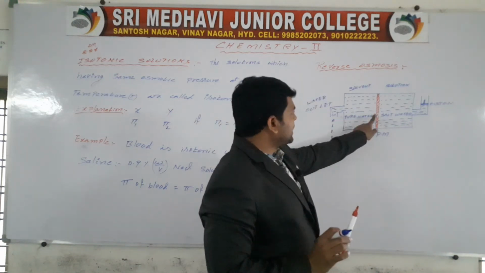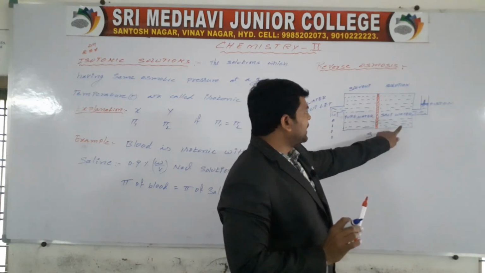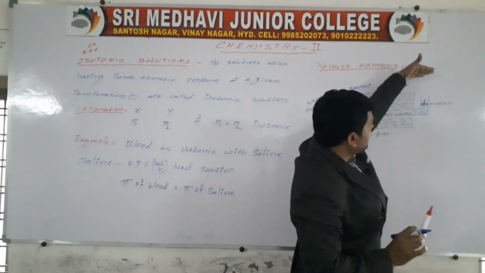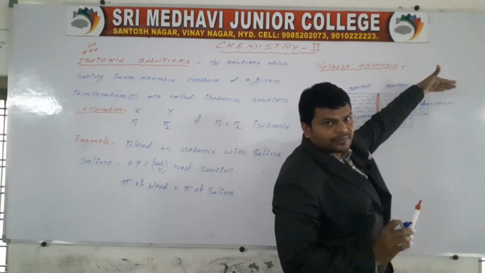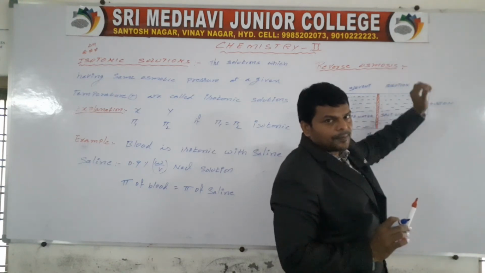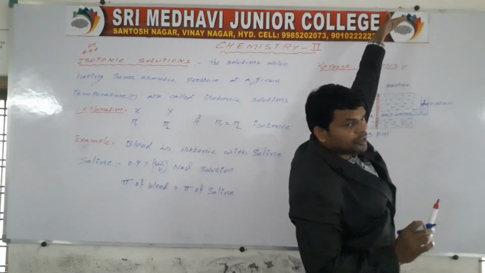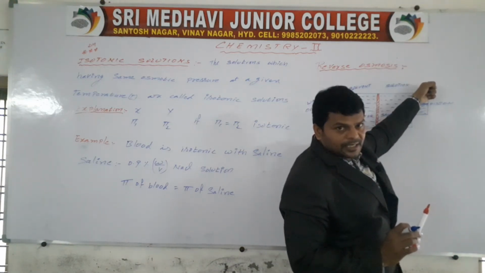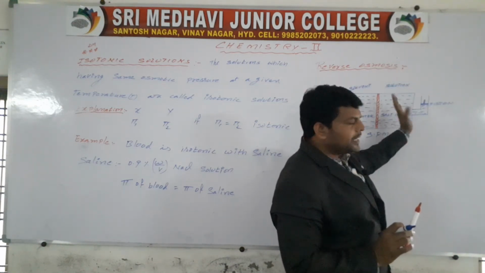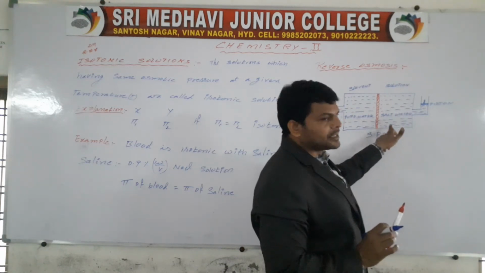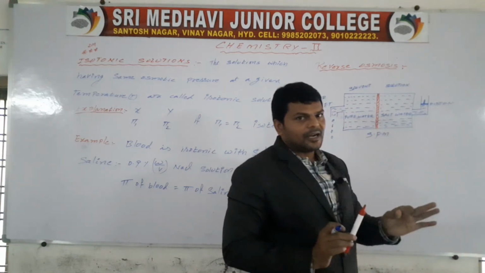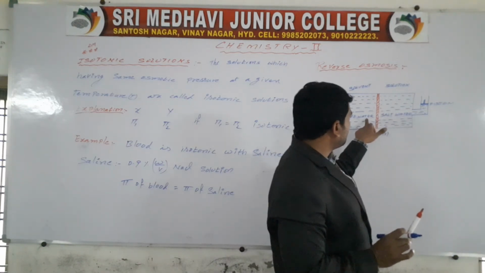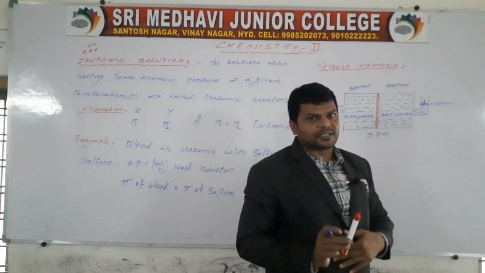First, water particles enter through the semi-permeable membrane into the salt water. Then the water level rises and the piston moves up. If you bring the piston to its initial position, the movement of water particles stops. That is called osmotic pressure. The movement of water particles into the salt water is nothing but osmosis.